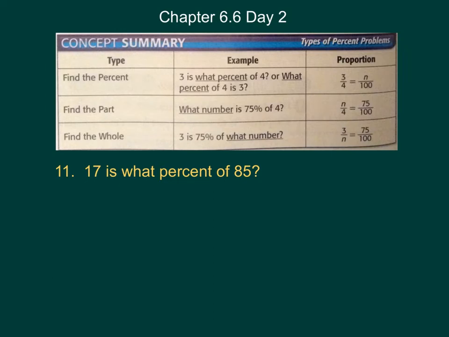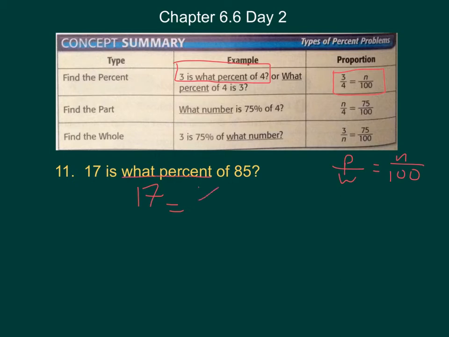Question 11 from the homework says 17 is what percent of 85? That's just like this top one. So it's going to look like this. We always have part over a whole equals some kind of percent. So 17 is what percent?